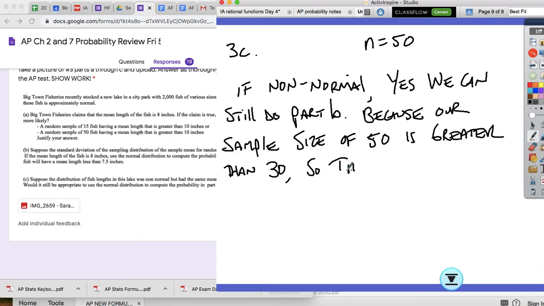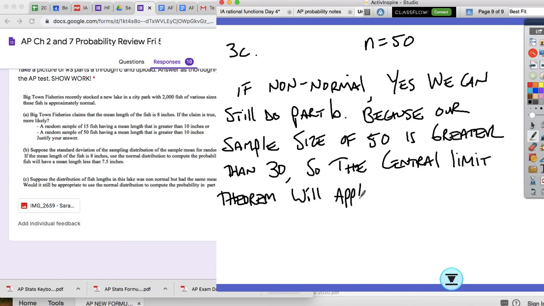So the central limit theorem will apply. Okay, something like that.